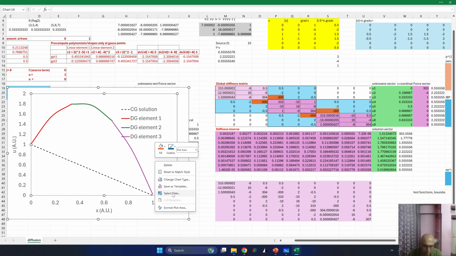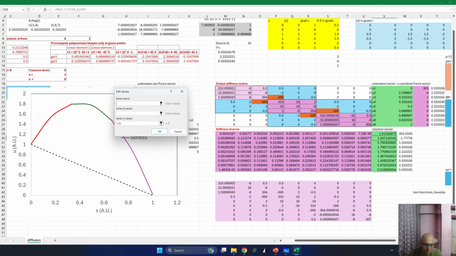We can also plot, so I've given the analytical solution here as well. Source equal to 10. This comes from our previous Excel sheet.